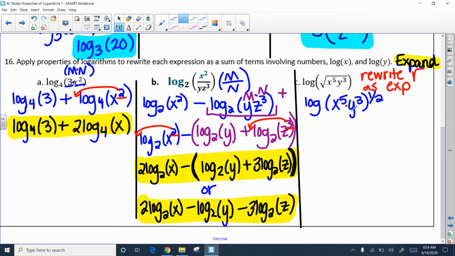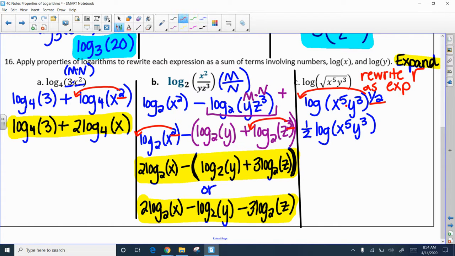But since this whole thing is to the 1/2 power, I can't separate the m and the n until I do something with the half in front, or the half in the exponent. That's why we needed to rewrite the radical, because now this half, I can use that third property and move it to the front, so I have the half in front multiplied by log of x to the fifth y cubed.